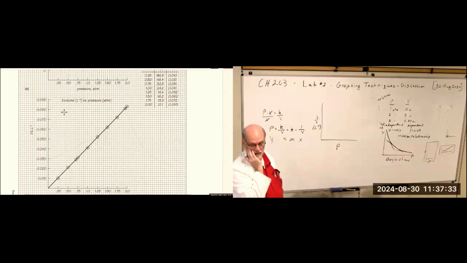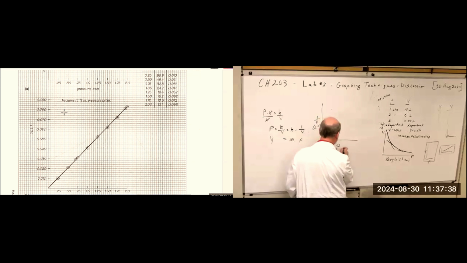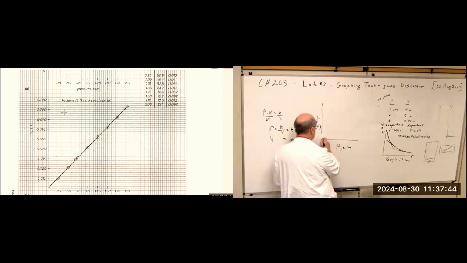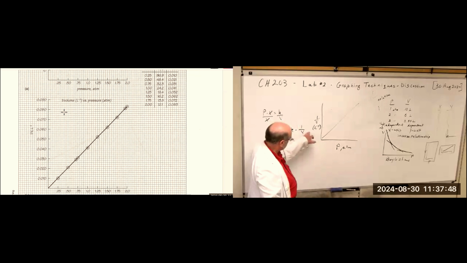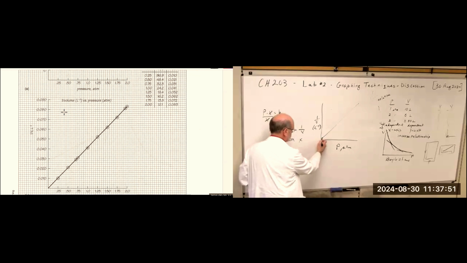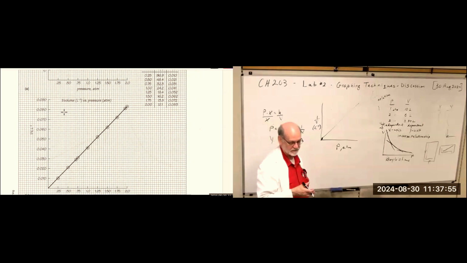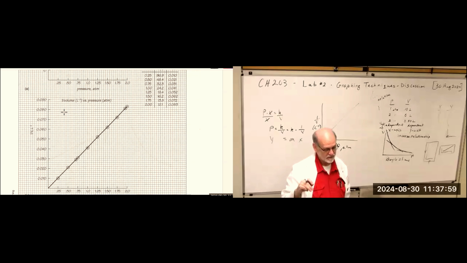Right? 1 over liters. This one's still, what, atmospheres? Okay. So now if I plot this data, it's going to go like that through the origin because there's no y-intercept here. It goes through 0. That's how I get a straight line. And that's why this straight line right here on that graph looks straight. Because now we're not plotting pressure against volume, we're plotting pressure against inverse volume.